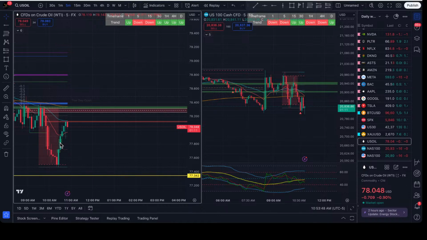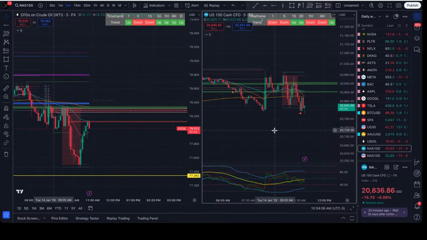Still just stuck there. No other confirmation as of yet. Now we're getting some movement. In the 1 minute, we're still green.